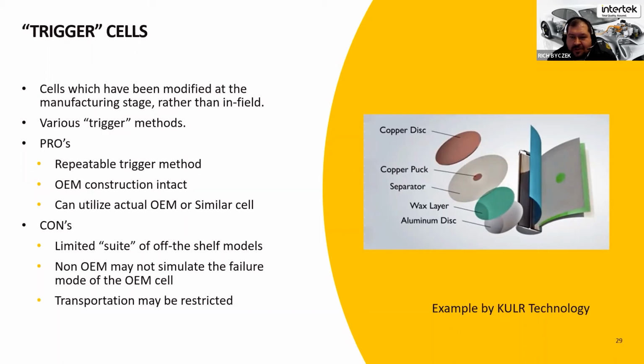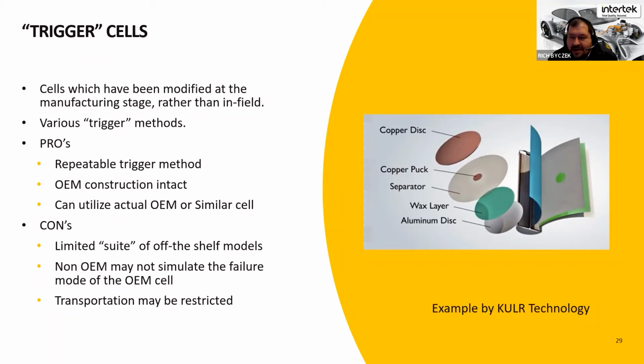Some of the original construction, the venting mechanisms, the directionality of an event are typically consistent. And you can actually utilize common cells. The actual OEM cell could be built on the same line with just this modification in place, or for common cell factors, cell sizes, cell types, you could have a fairly similar cell in place.